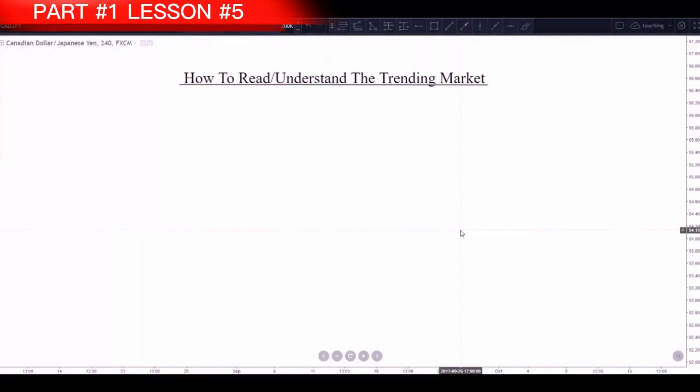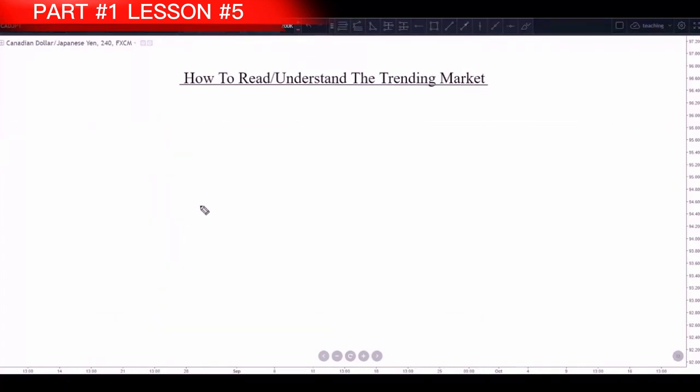The strategy we're going to learn is a trend continuation strategy, so that's why we're looking at trending markets until the end of the transition phase. At that point, we'll take a look at reversals, consolidation, and more advanced strategies, but for now, we're going to focus on just trending markets. So let's dive into how to read and understand the trending market.